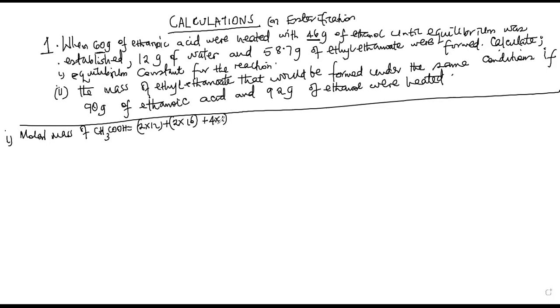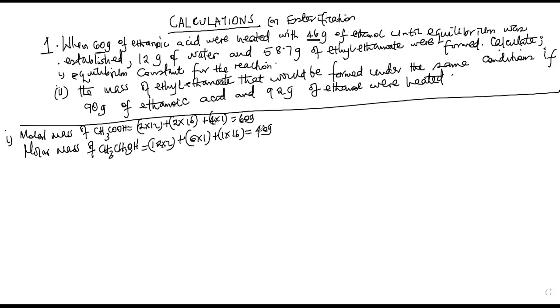So this one gives us 60 grams. Still can get molar mass of ethanol. Carbons there are 2, so 12 times 2 plus hydrogens there are 6, so it will be 6 times 1. Oxygen is 1, so 1 times 16 is going to give us 46 grams.